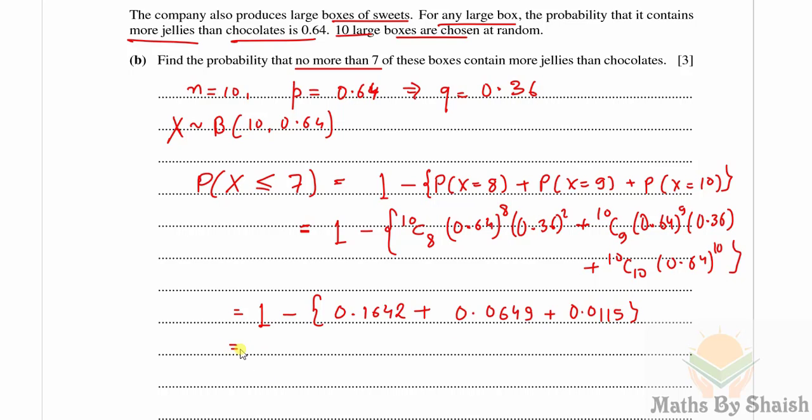Altogether this value is 0.7594, so 0.759. I hope it is okay.